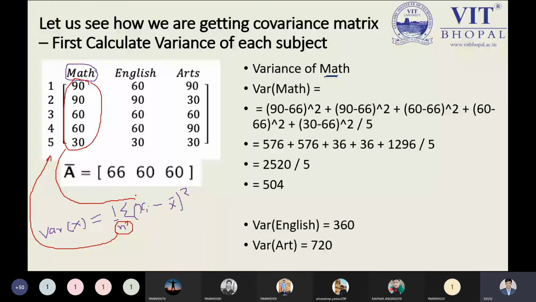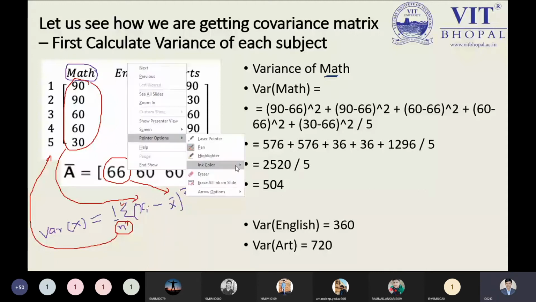And this is the mean of our x, that is math. Just tell me yes or no. Yes, sir. Okay, so you just need to put all these values in, n times. You need to execute this n times. Don't worry.